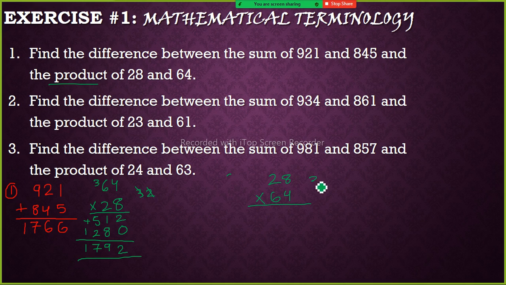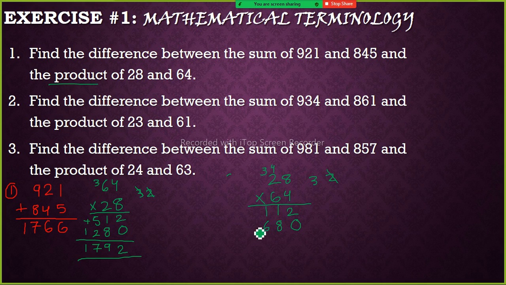4 times 8 is 32. Put the 2 down, put the 3 up. 4 times 2 is 8, 9, 10, 11. Oh, I don't know what I was doing. Why did I get 9? I probably said 4 times 2 is 6. But 4 times 2 is 8, 9, 10, 11. So this is 11. 0. 6 times 8 is 48. 6 times 2 is 12. 12 plus 4, 12, 13, 14, 15, 16.